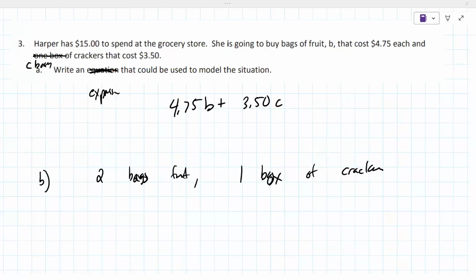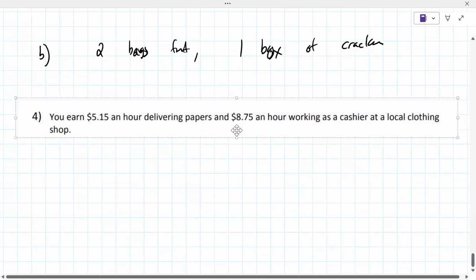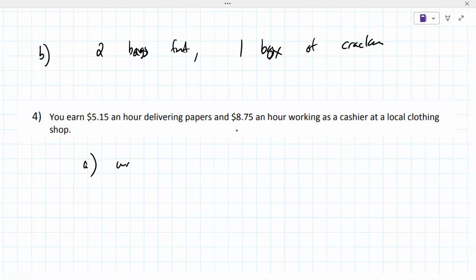All right, so let's try this one. I want you to write an expression for this. And you may have to pick your own variables. $5.15C plus $8.75D.